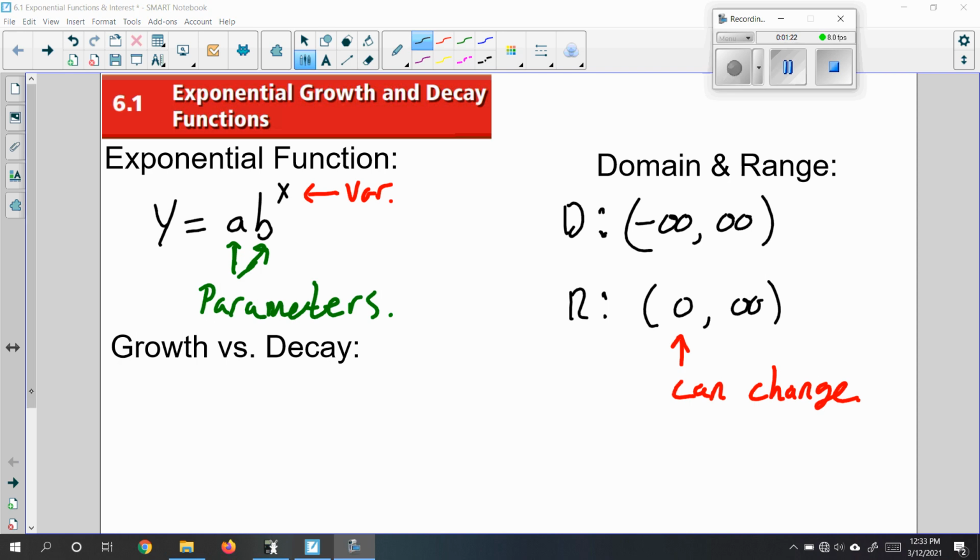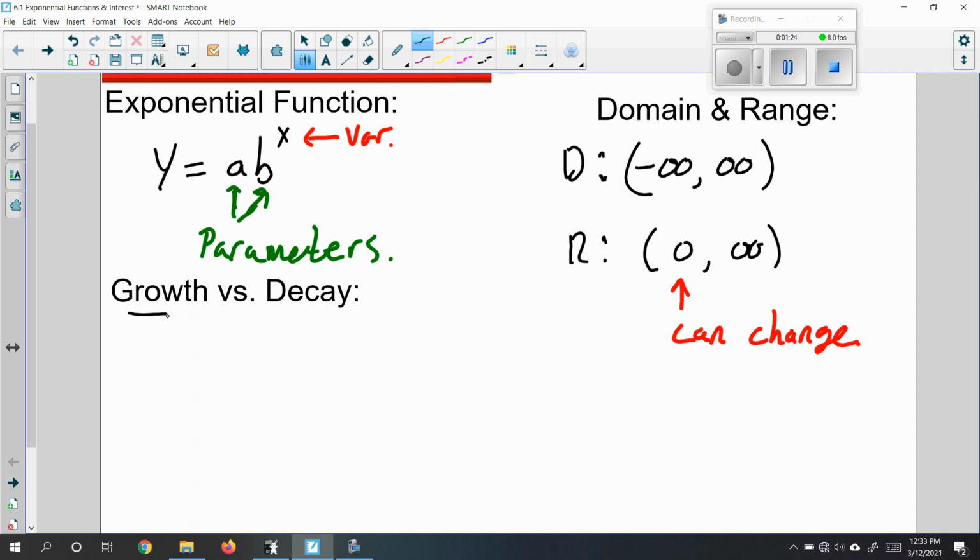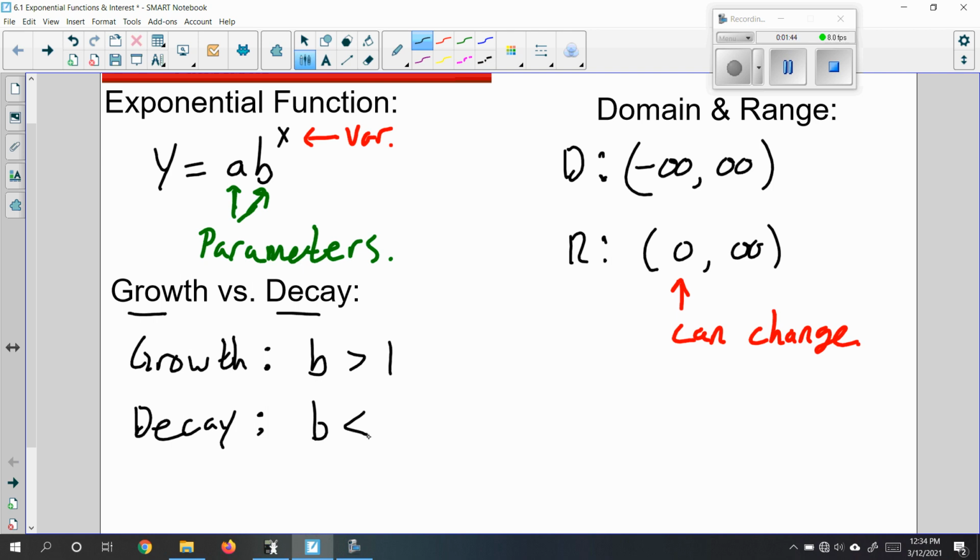Exponential functions fall into two categories, growth and decay. A growth function is when the parameter b is greater than 1. A decay function is when the parameter b is less than 1.